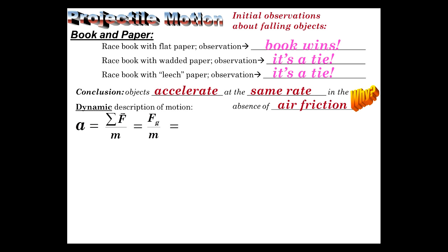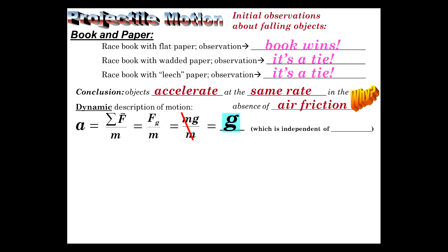So it's gravitational force over mass. Let's go ahead now and define the force due to gravity, which is mg. And what you're seeing emerge here is the reason why heavy objects and light objects accelerate at the same rate. The masses divide out, and the acceleration is just the acceleration of gravity, g.